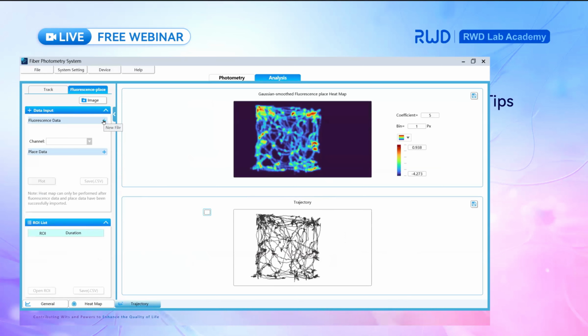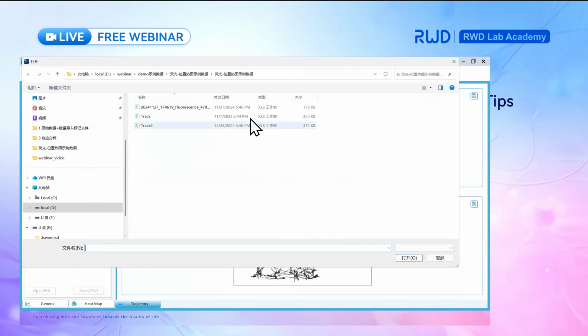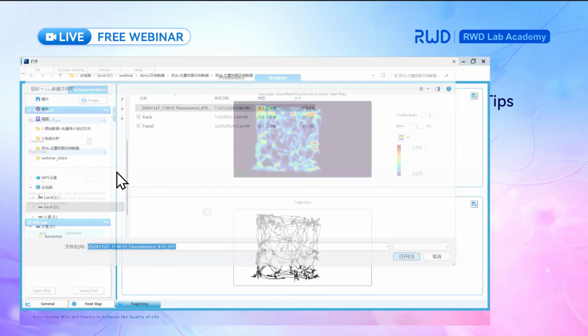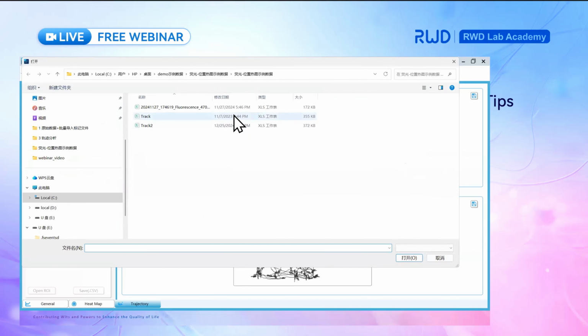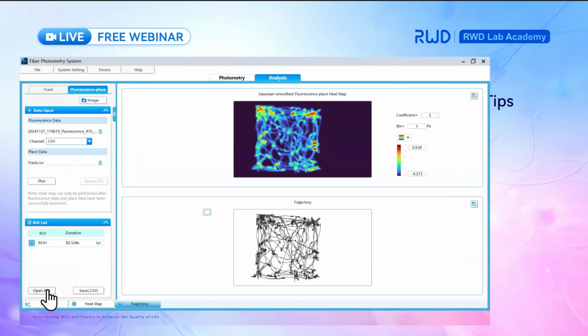So now we import the fluorescence data and trajectory data. Here you can see in which locations the mouse shows stronger fluorescence activity. All the figures shown above can be saved and used directly. So this is the end of the analysis.